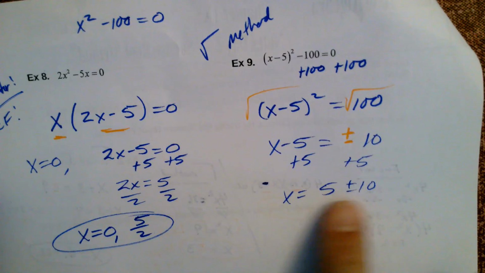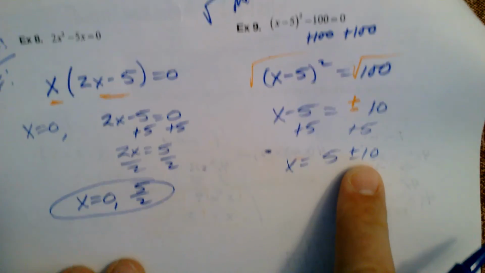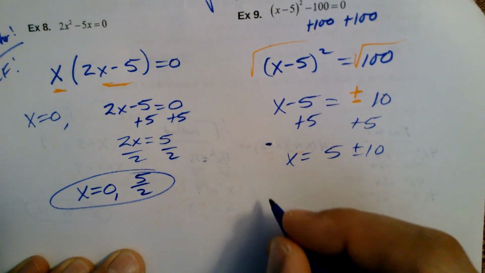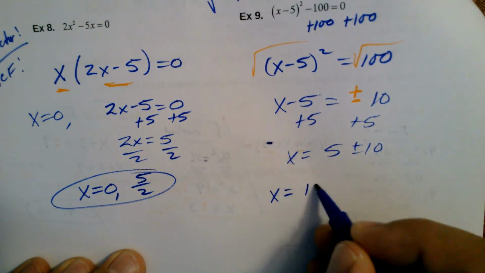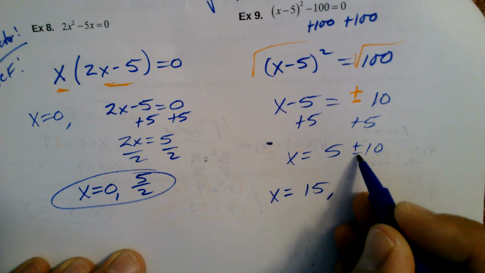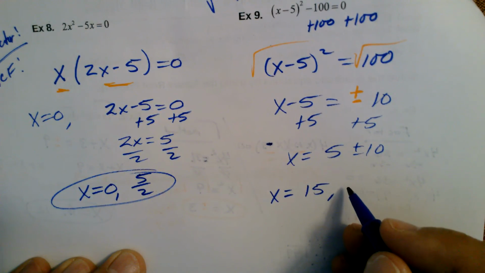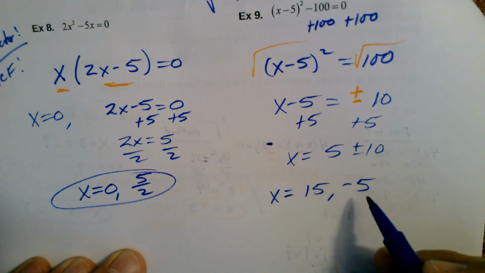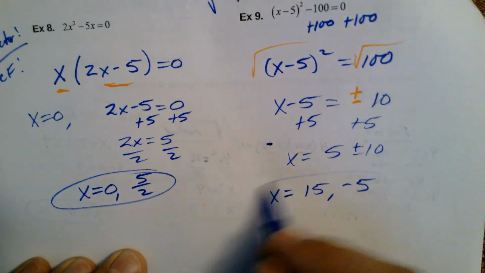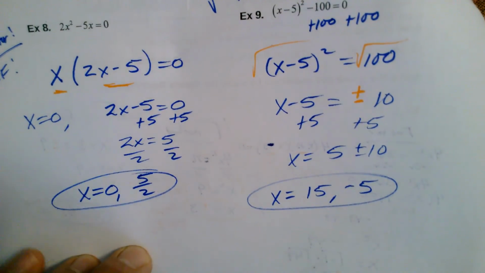This is something that we can simplify. So 5 plus 10 is 15, and 5 minus 10 is negative 5. Final answer. That's what I'd be typing in my math lab.